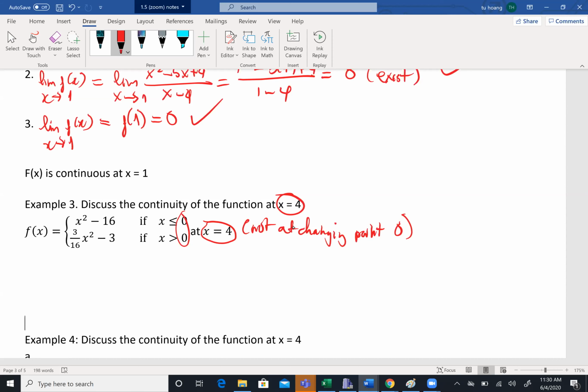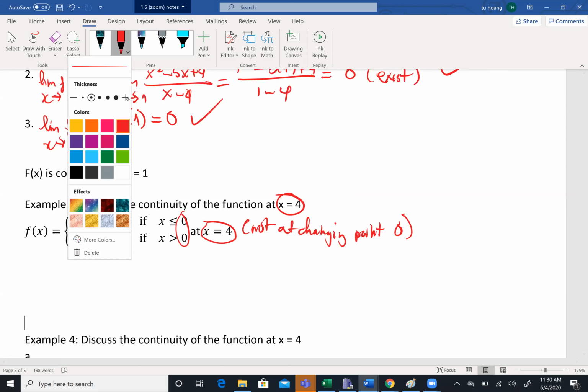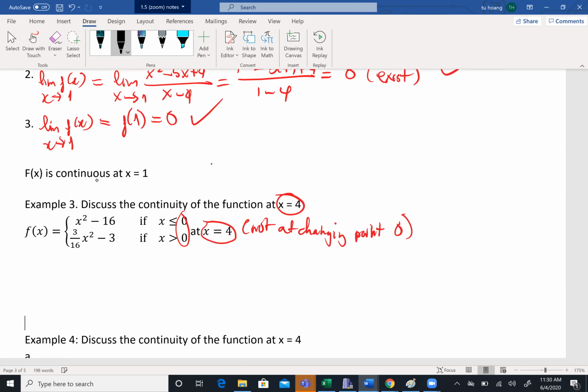You have to know that x equal to 4 is greater than 0, right? So you will right away use only the second part of the f of x. Remember that it is strictly greater than 0.